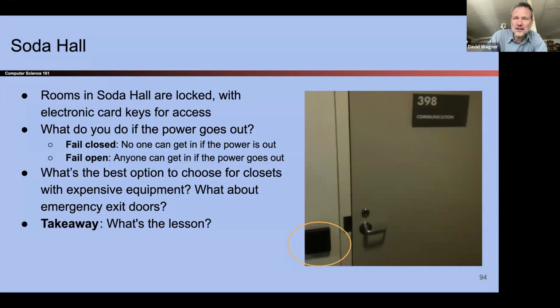Or it could be unlocked if there's no power, so that anyone can get in if the power goes out. What do you think would be an appropriate choice for a communication closet with routers? Should it default to locked or default to unlocked if the electricity goes out?